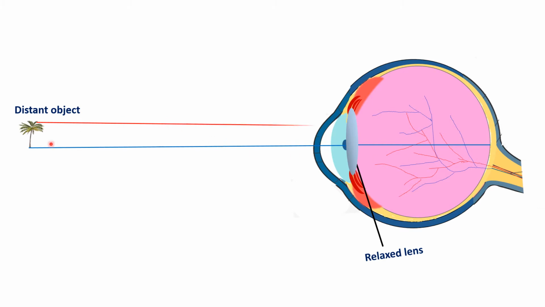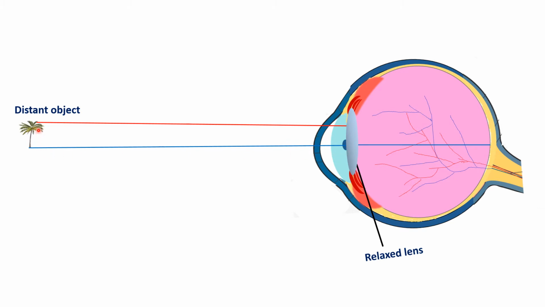Now let us take a ray. It is coming like this, and don't imagine that this ray is parallel to the principal axis. It's not parallel. If the object is at infinity, then we suppose that the rays coming from the object at infinity are parallel. So here this ray is not coming parallel to the principal axis.